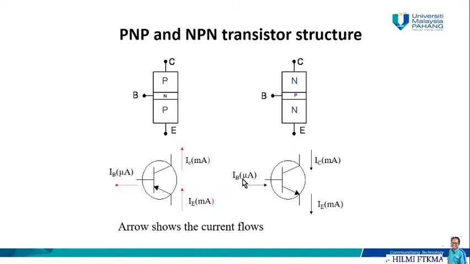And as we have discussed previously, IB is the current that flows through the base, where the base is the terminal that allows some, none, or many carriers, either holes or electrons, to flow between the collector terminal and the emitter terminal.